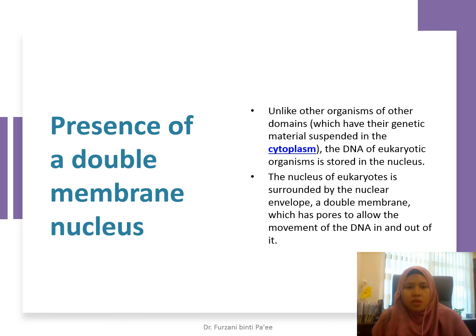Okay, second one is the presence of a double-membrane nucleus. Okay, so exactly, we know the main difference between the prokaryotic and the eukaryotic is the presence of the nucleus. Yeah, so prokaryotic, they don't have a nucleus. So for eukaryotic, they do have a nucleus, in which the genetic material is enclosed in that nucleus.